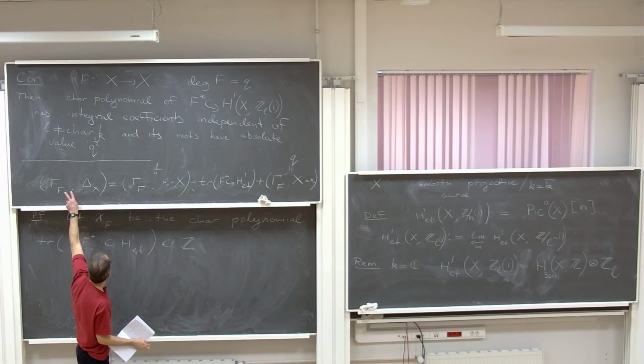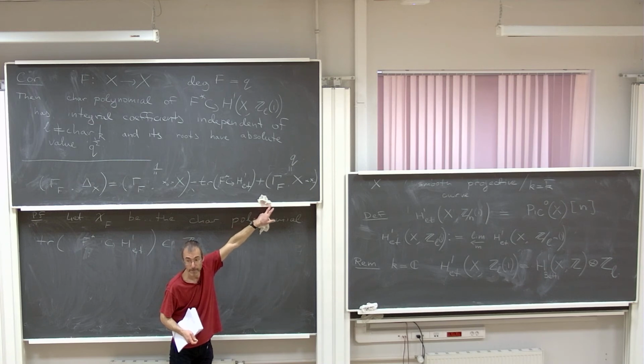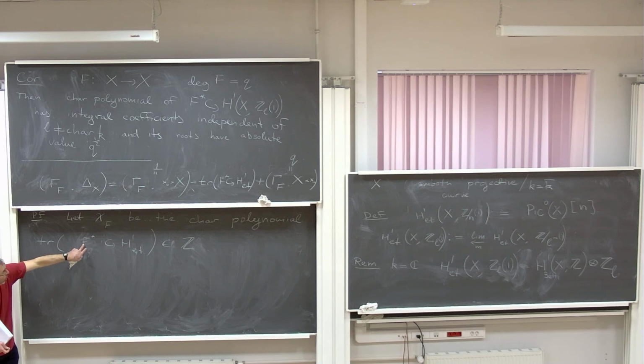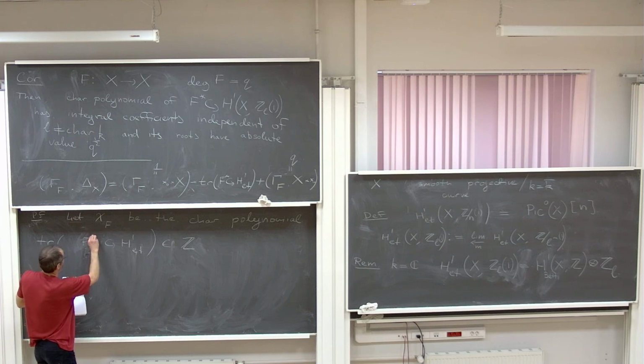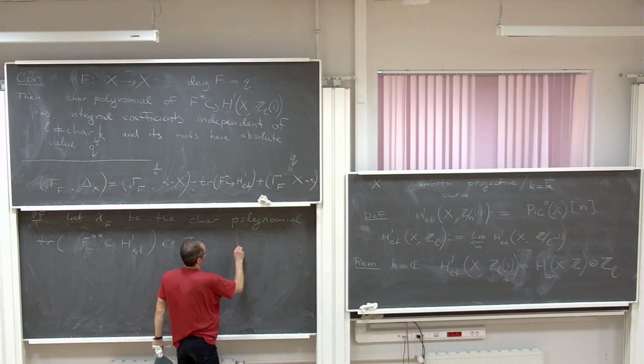Because this is an integer, this is an integer, this is an integer. And applying the same observation to powers of f, we see that these traces are also integers, right? You can replace f by its nth iterate, so for every n.